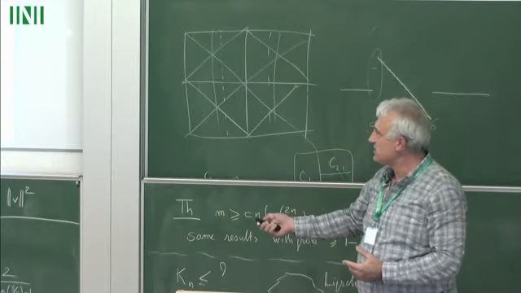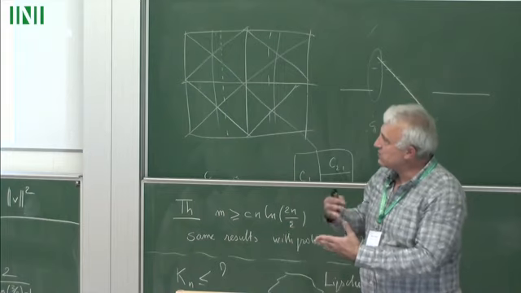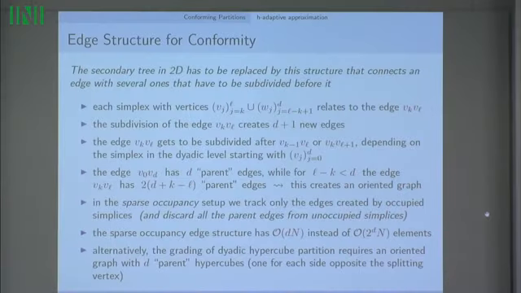And if we have to split one edge before the other, we call it a parent. For the first splitting edge, it has d parent edges. The next one has only 2, then 4, until 2d minus 2, and then we go back again. The good thing about 2D is that we have only 2 and 2, which exactly meets with the two trees: the subdivision tree, and the primary tree and the secondary tree.